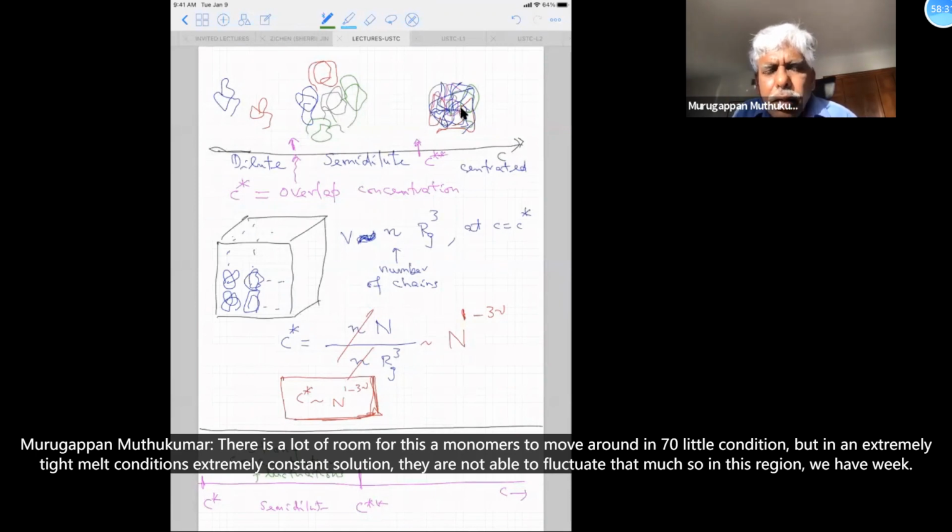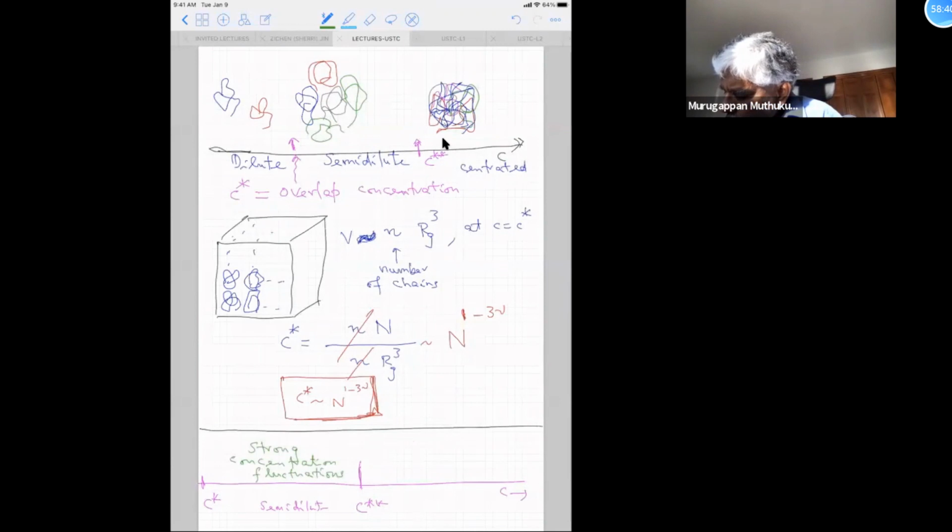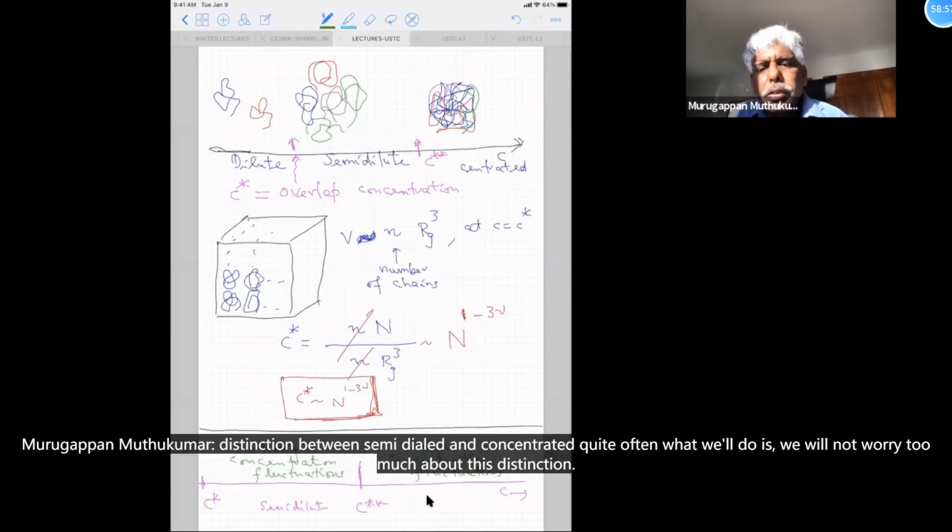But in an extremely tight melt or extremely concentrated solution, they are not able to fluctuate that much. So in this region, we have weak concentration fluctuations. That's the distinction between semi-dilute and concentrated.